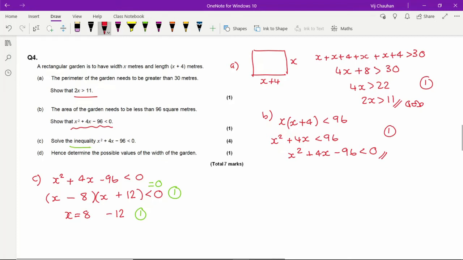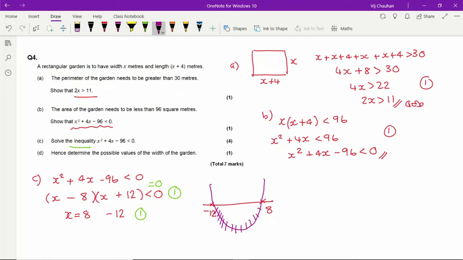Now this is where a lot of students tend to go wrong. If I draw a sketch, which is basically what they're looking for, I know the roots of this quadratic are at minus 12 and 8. This parabola is going to go through those 2 points, like so. I want the values where it's less than 0, so I'm wanting this region here.